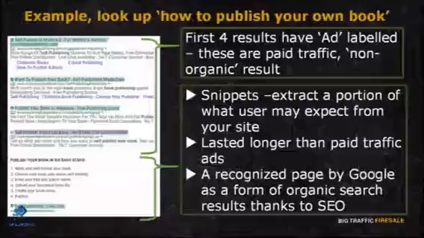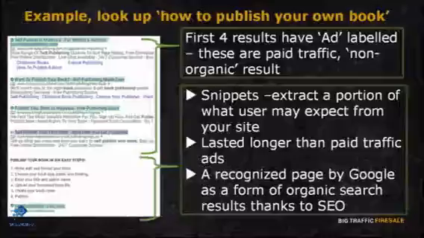Further down, as mentioned before, you may even see snippets linked to a site. According to Google, snippets are programmed to extract a portion of what users would see on your site. This featured snippet helps boost the user's attention to your site. This is what most online marketers are aiming for because it lasted longer than paid traffic ads.